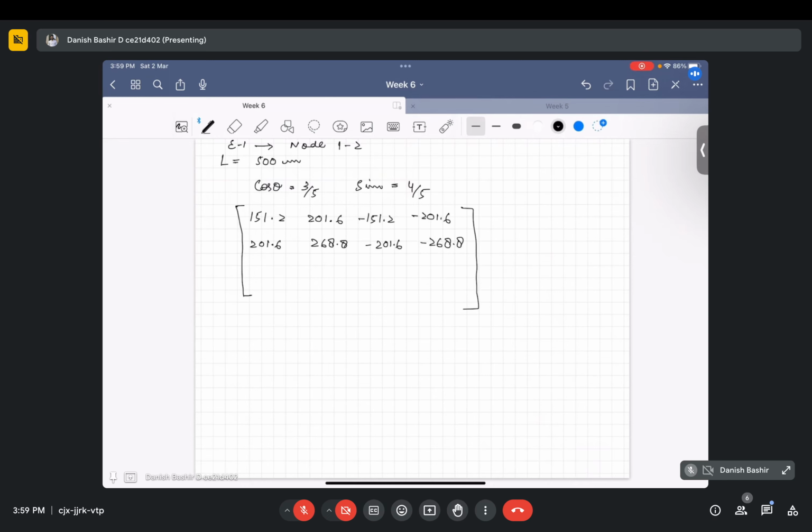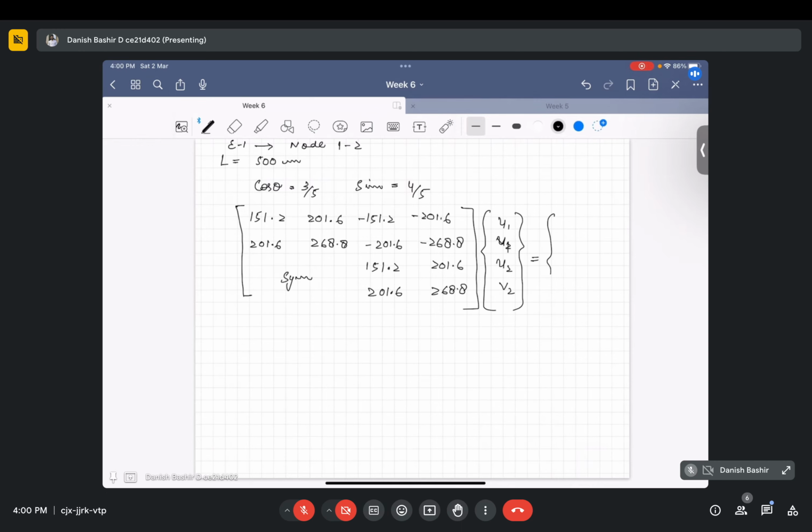Other things are like this, and this thing you can write 151.2, 201.6, 201.6, 268.8, and this is symmetric. Remember, the stiffness matrix is always symmetric. U1, V1, U2, V2.